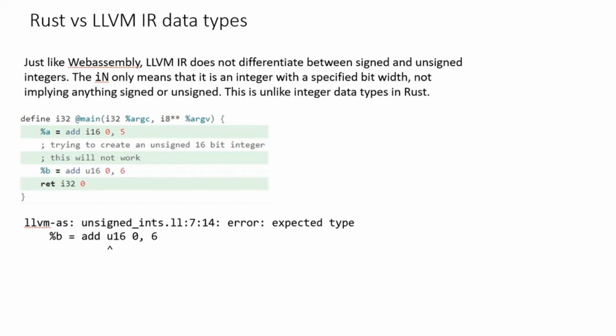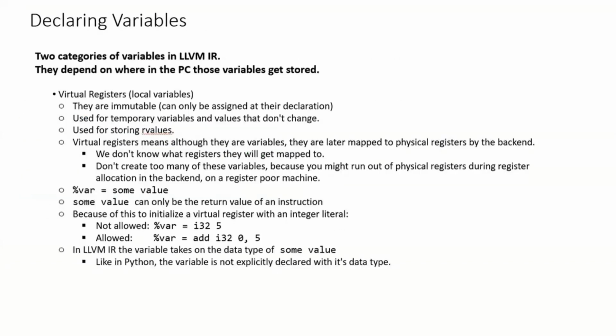So the format of an integer data type is i, and then you specify the number of bits. So it only means that an integer has a specified bit width, not implying anything signed or unsigned. So as a beginner, I wanted to compare it to data types in Rust, but you cannot create any unsigned integers. It is sign agnostic. That is one of the things that trips people up as beginners.